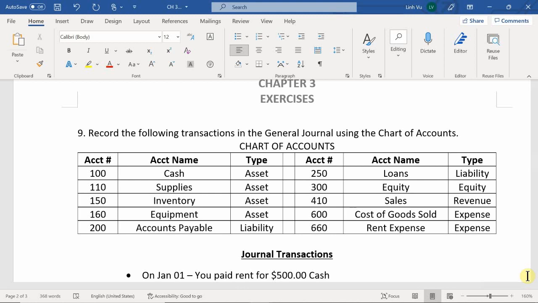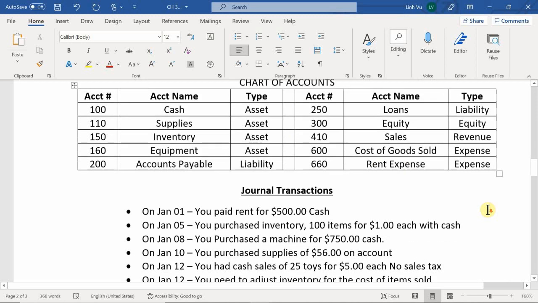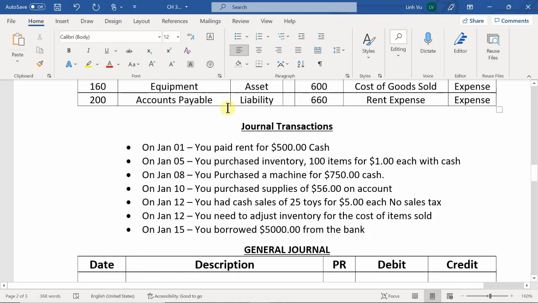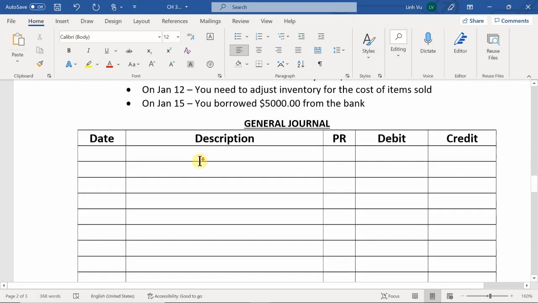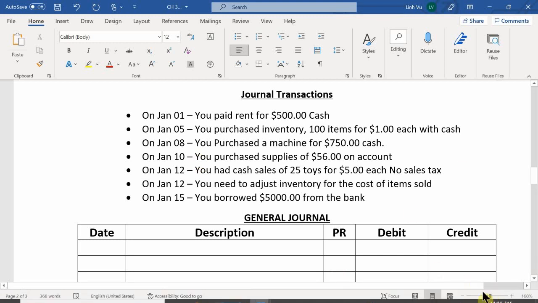Here's my chart of accounts. The left side is the account number. The middle is the account name and then what kind of account type it is. So it's a little mini chart of accounts for you. And here I have a list of transactions that we're going to put in our general journal down below. Let's take a look at our first one.